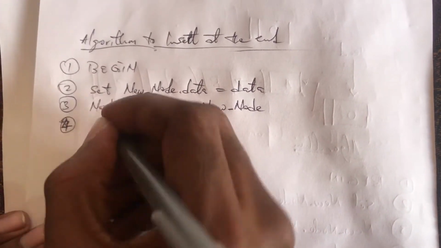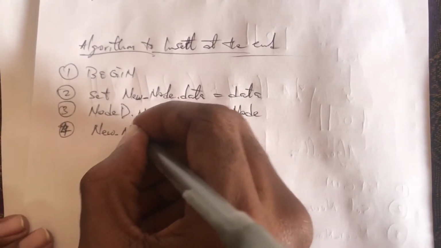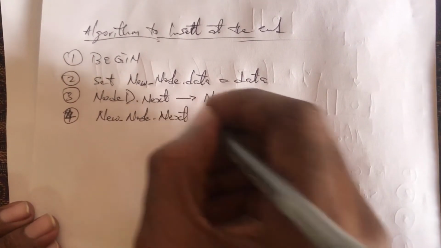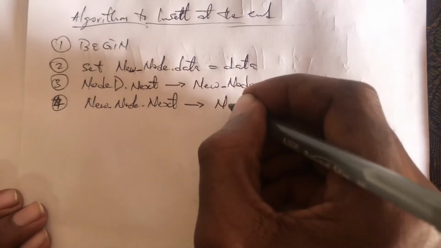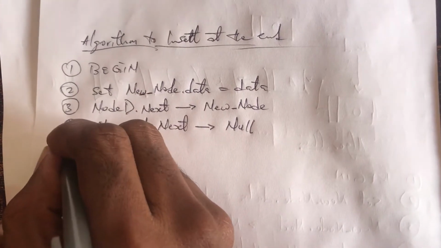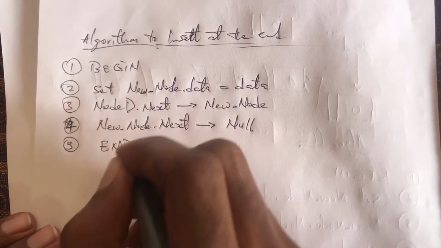Fourth step, new node dot next, which is the pointer, will point to null, and that's it. So we've inserted the new node.